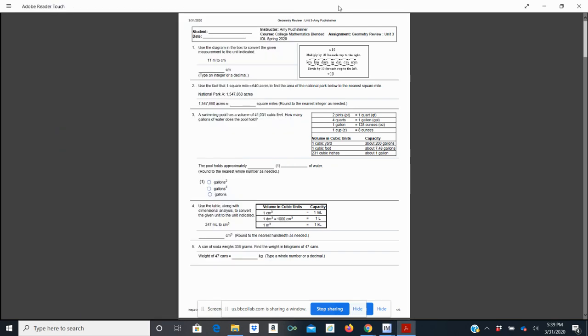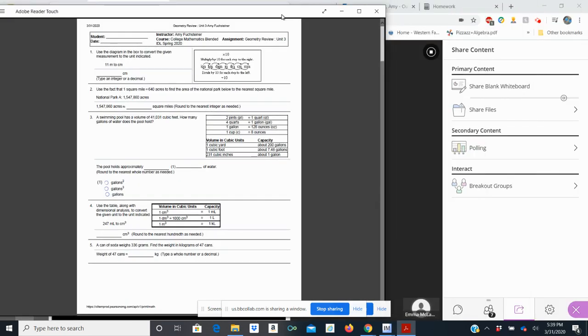This is chapter 5 in your text and homework. And as we go through the review, some of the questions that come up. All right, question number 1.